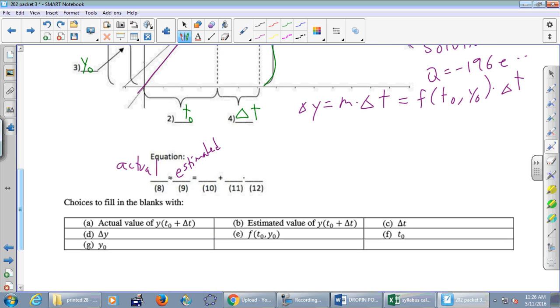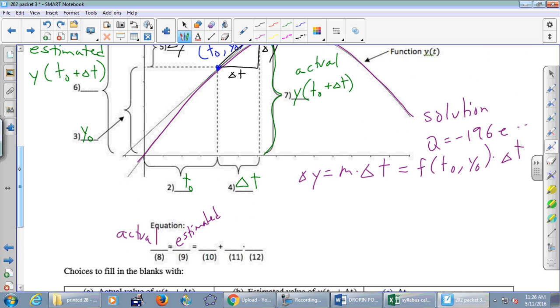So where are we now? Okay, so the 3 was y0 plus the 5 is a symbol. I'm going to kind of write over our blanks here, but y0 plus delta y, that's the 3 plus the 5.